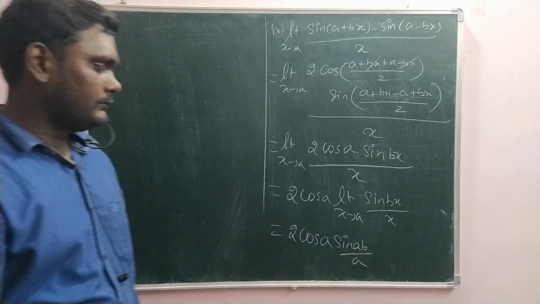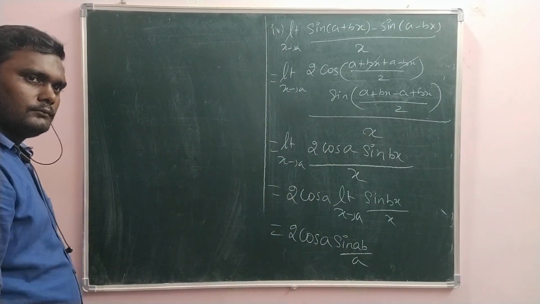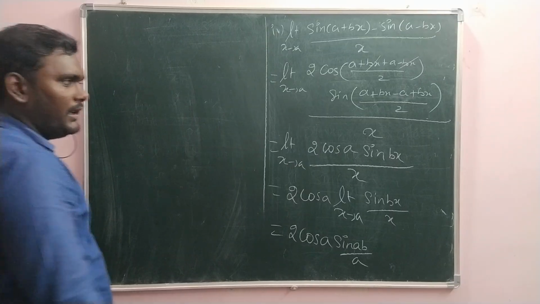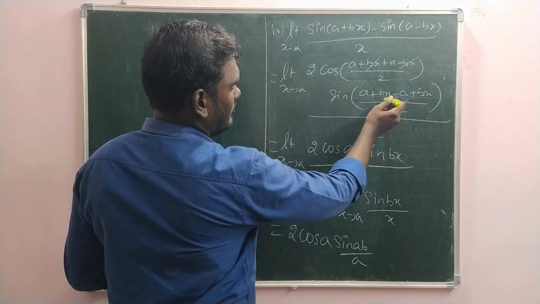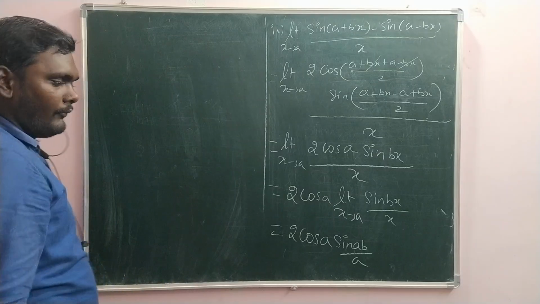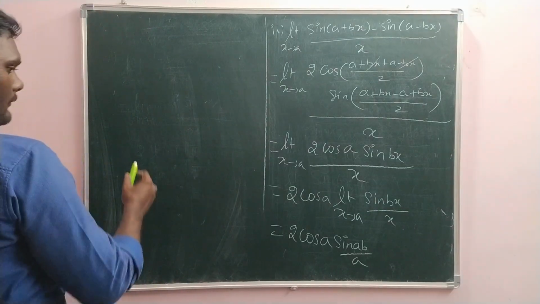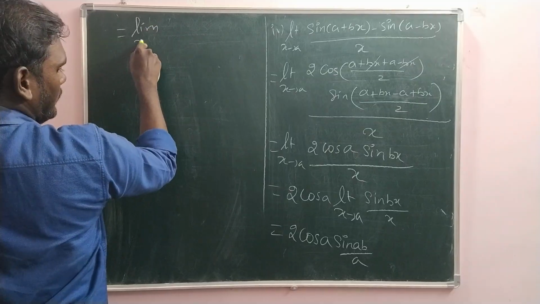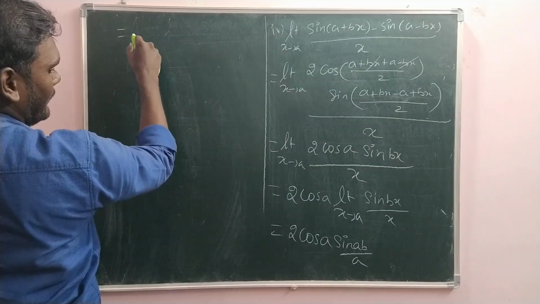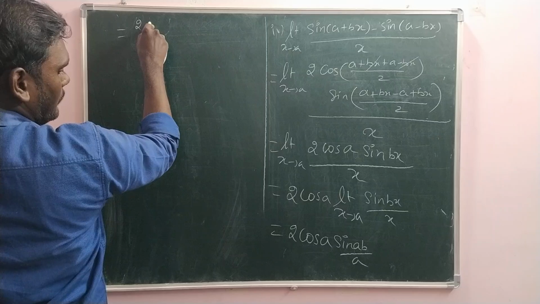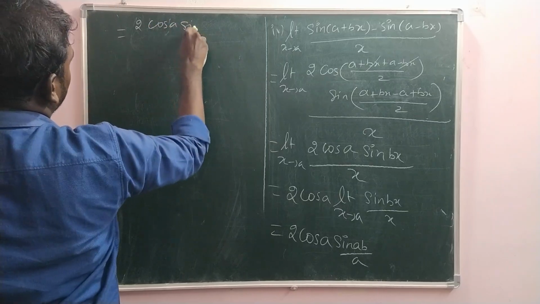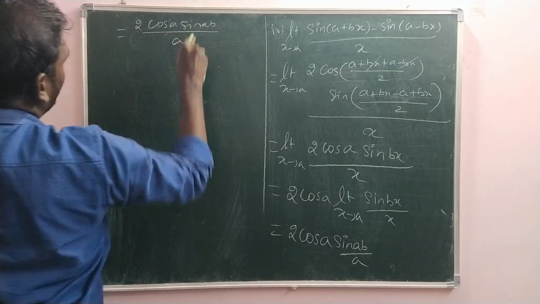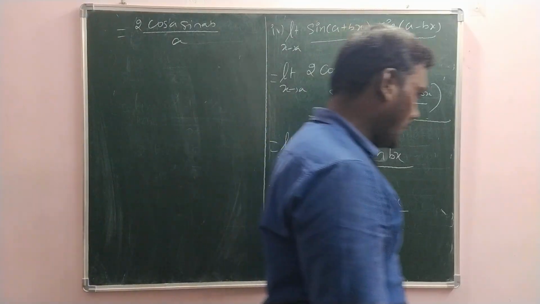So the final answer is 2 cos a sin ab by a. Check the book answer side by side.